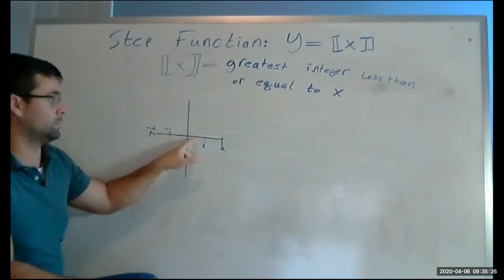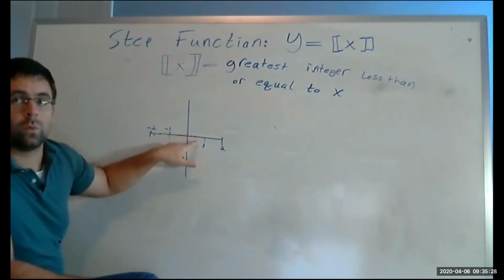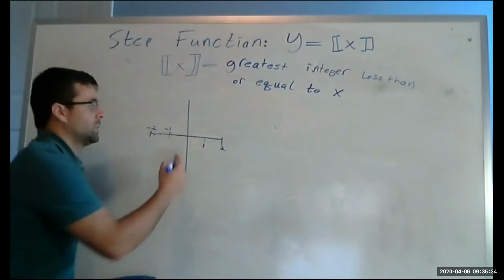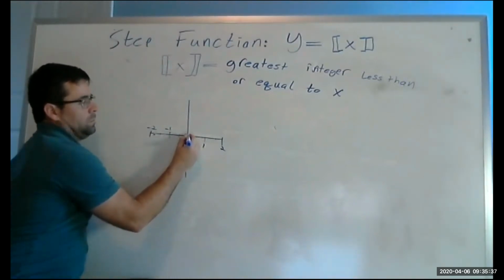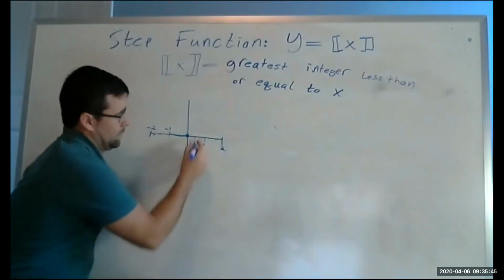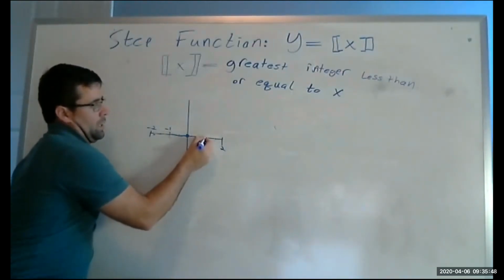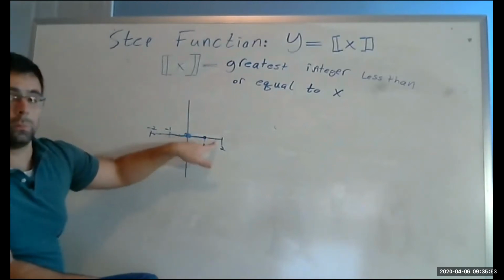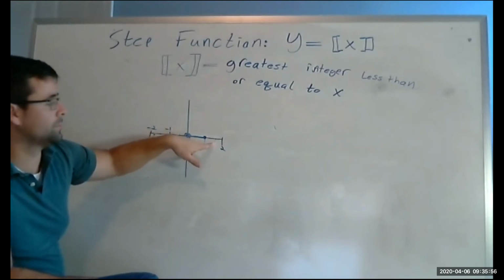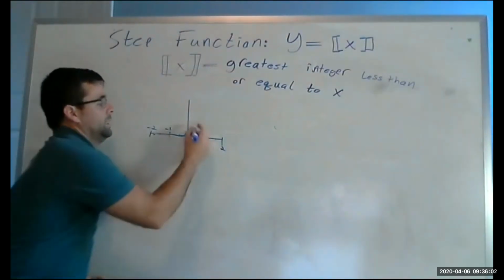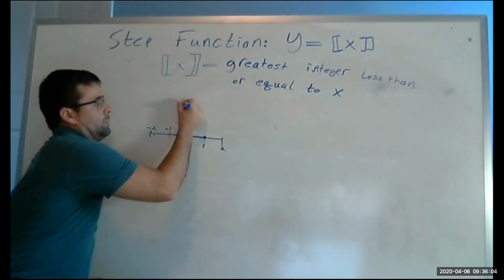So x is 0.5. We have to basically round down to the lowest integer. Let's say we go 1.5. At 1.5, the greatest integer that is less than that is 1.